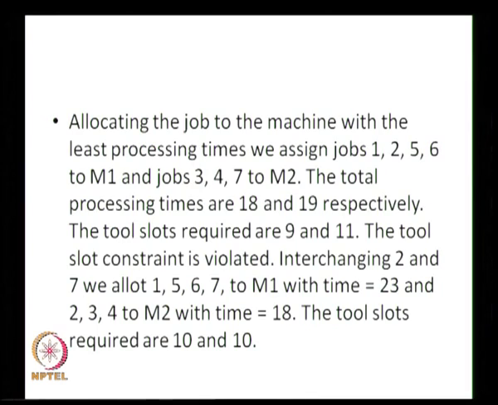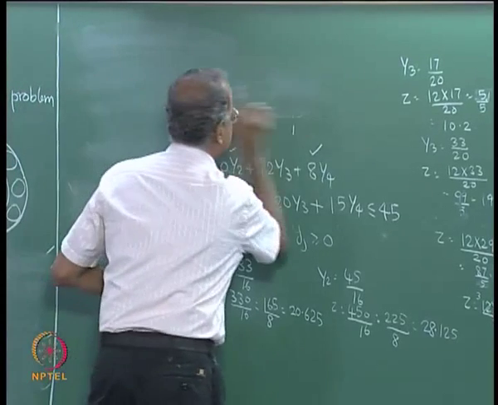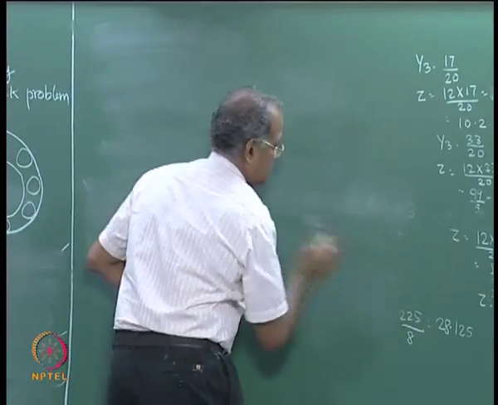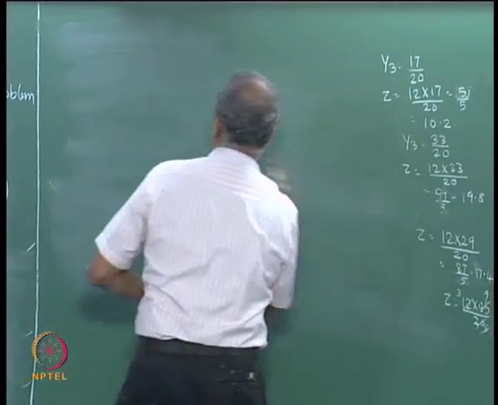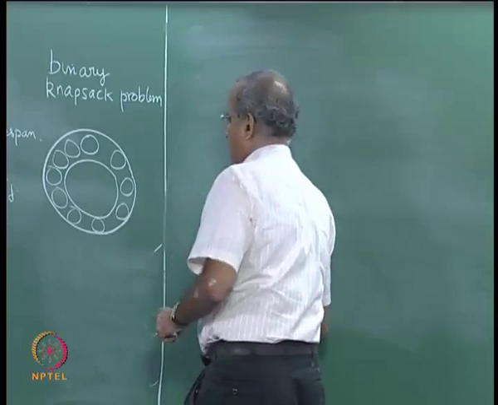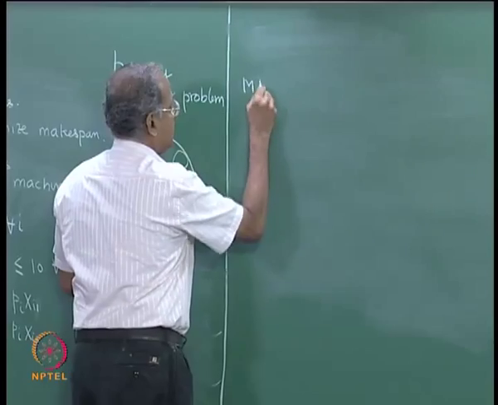Now, we could think in terms of a simple heuristic to solve this problem. A simple heuristic would be: each job is allocated to the machine where it has the least amount of processing time. Now, we could look at two machines M1 and M2.